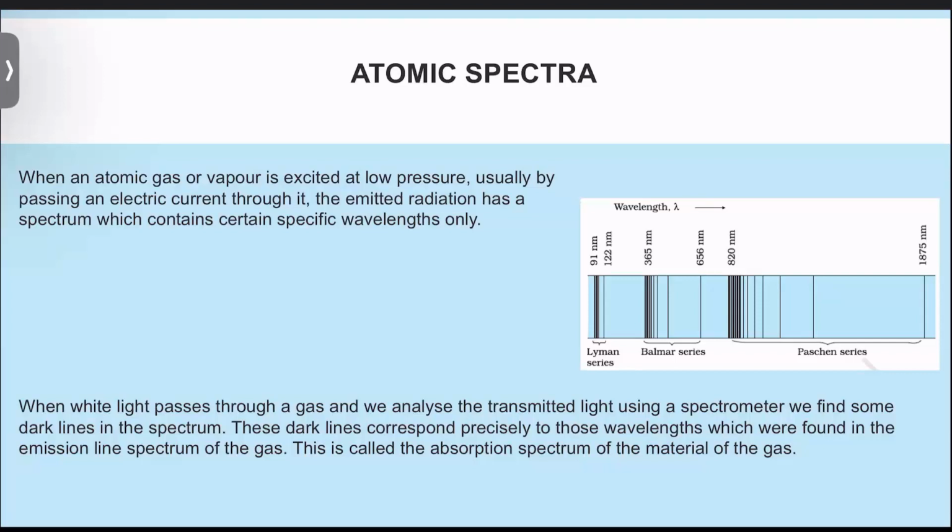This spectrum is characteristic of each element in the periodic table, so we can study the spectrum of different elements and understand their atomic structure also. Such spectra are called emission line spectra.